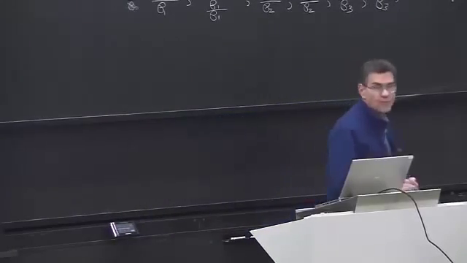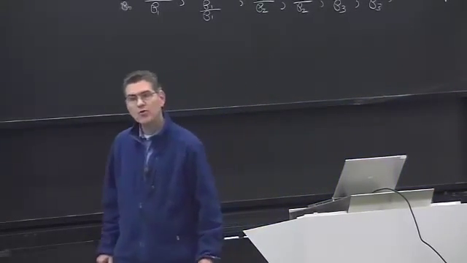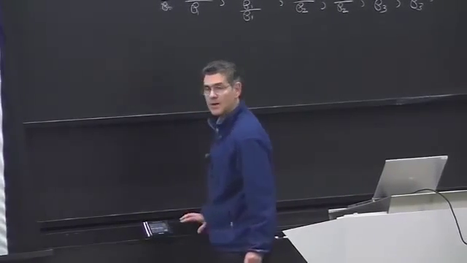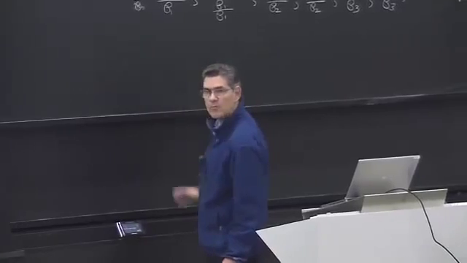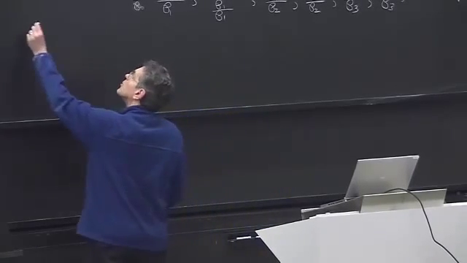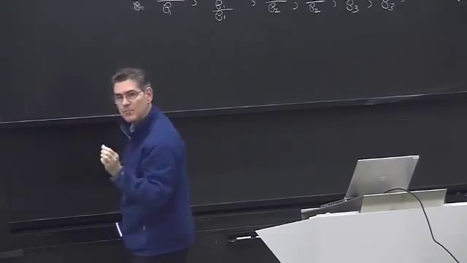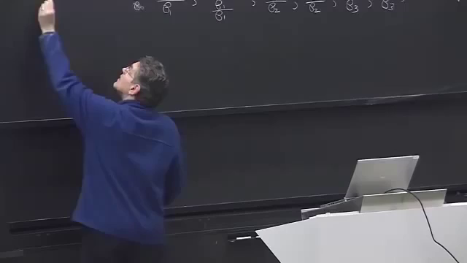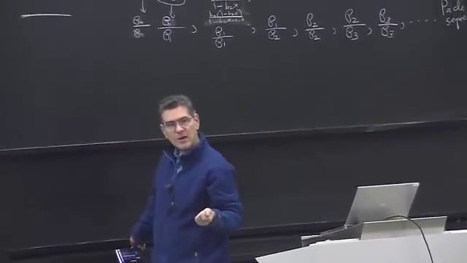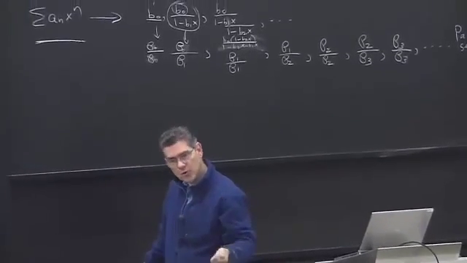Okay. And in general, I can actually do something a little bit more general than this. I could do the following. Let me take, from this sequence, the first n plus 1 terms.